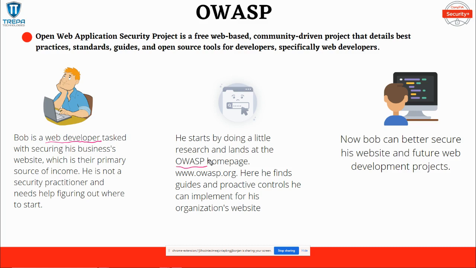There he can find guides and proactive controls he can implement for his organization's website. And they're going to tell you a lot of stuff that we should already be doing, like use MFA, right? Use multi-factor authentication. How to prevent against injection attacks. And now Bob can better secure his website in future web development projects because he has this resource in his toolkit.